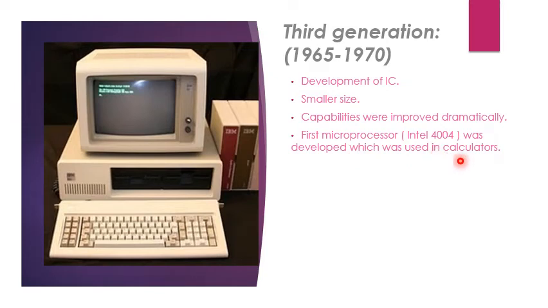So there is an object which was used for the very first time in the third generation, named microprocessor. Before that, microprocessors were used only in calculators, and the very first microprocessor used in third generation was named Intel 4004.